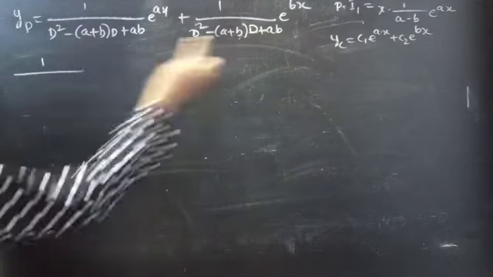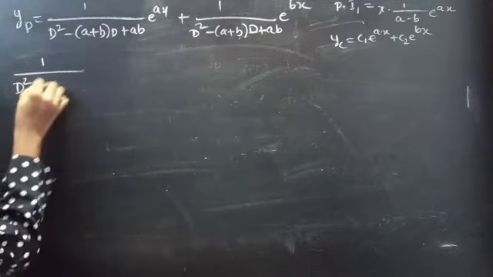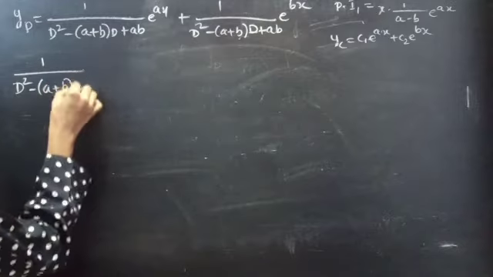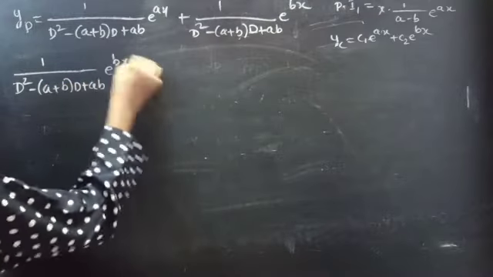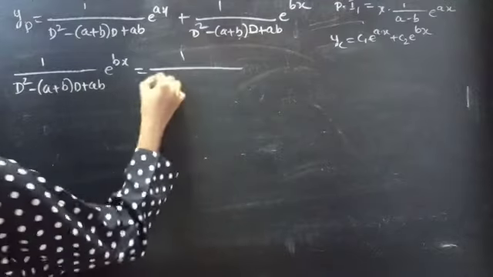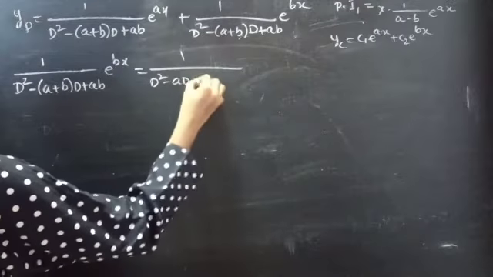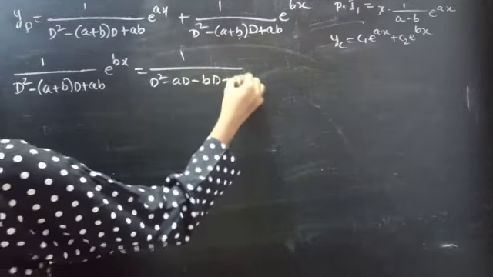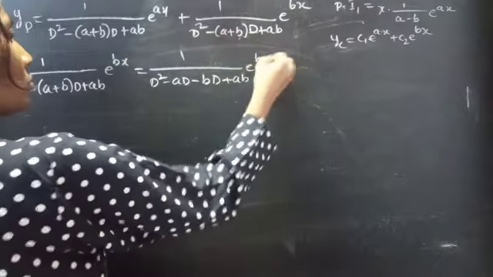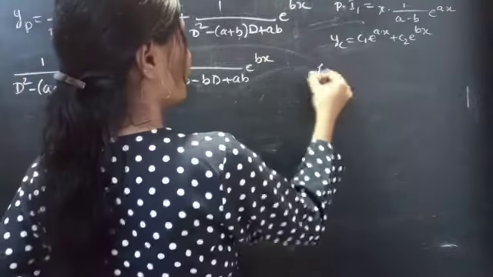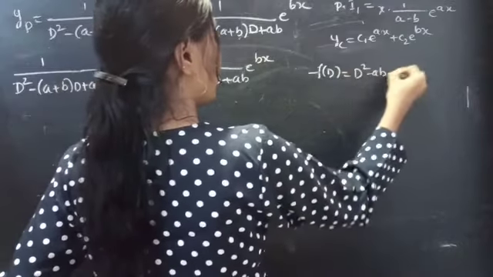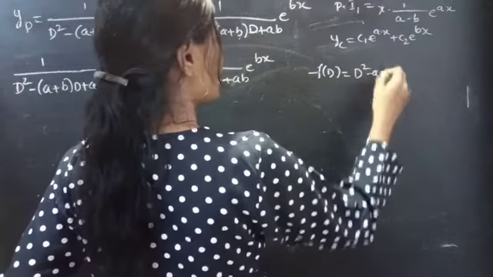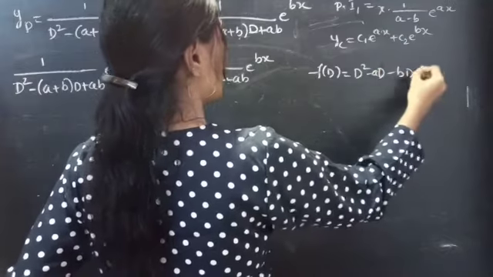1 by d square minus of a plus b into d plus ab into e power bx. You can just write this as 1 by d square minus ad minus bd plus ab into e power bx. So now we have f of d equals d square minus ad minus bd plus ab.